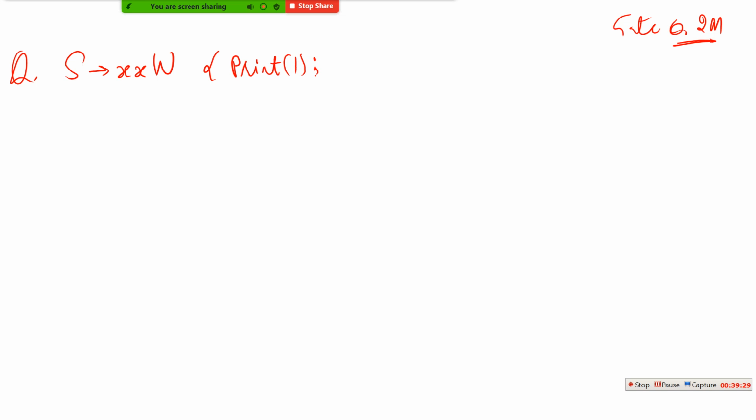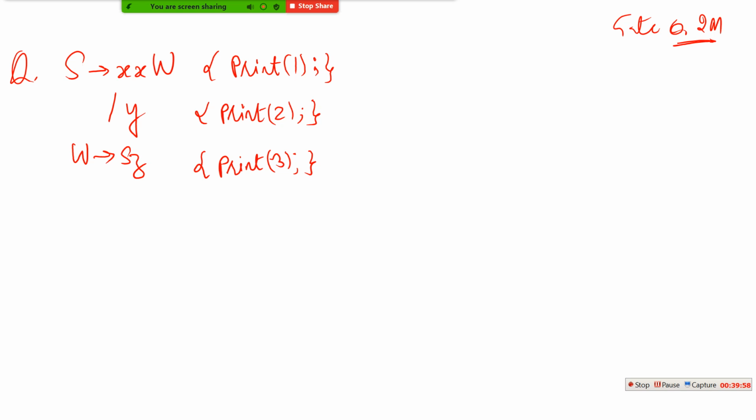One more transition we have from S, that is S derives Y, and the semantic rule is print 2. And one more transition we have from non-terminal W, that is W derives Z, and the semantic rule of this is print 3.